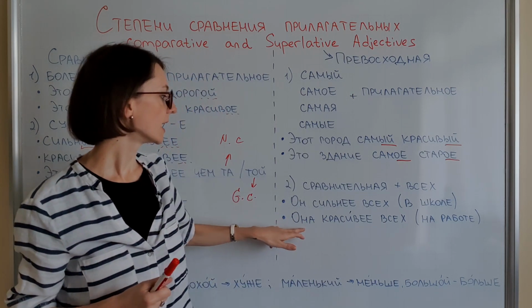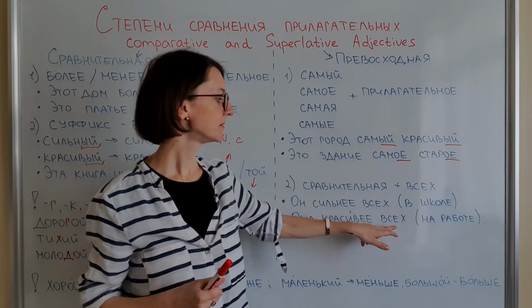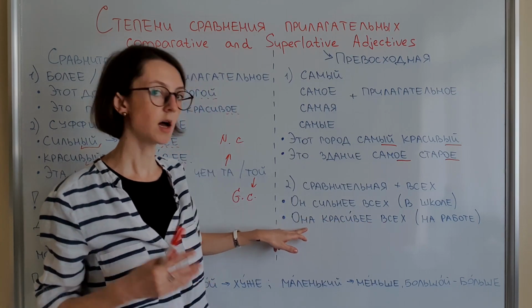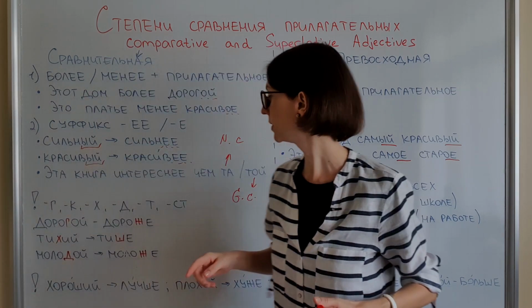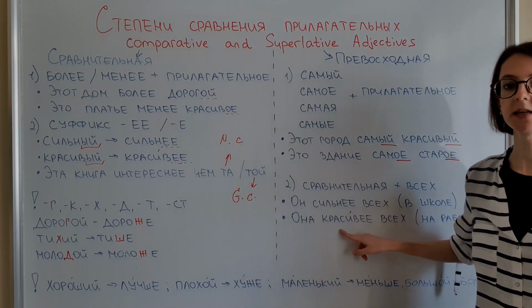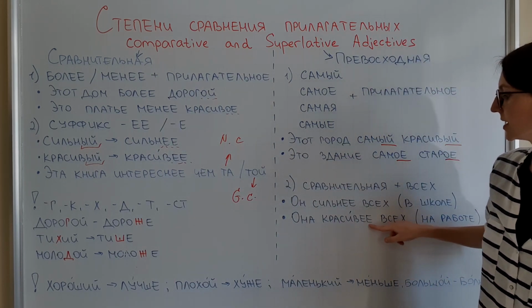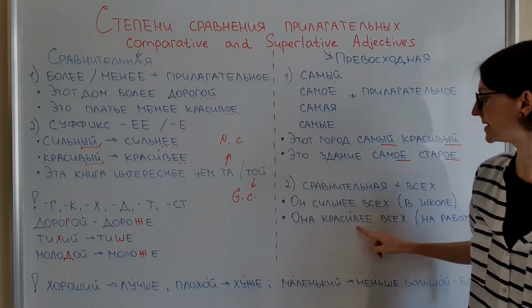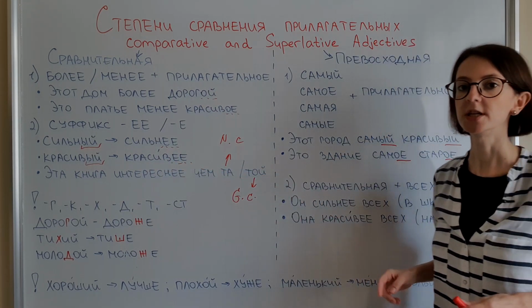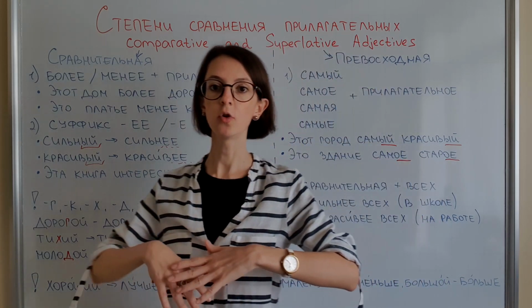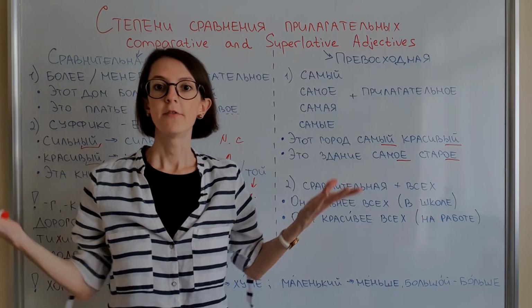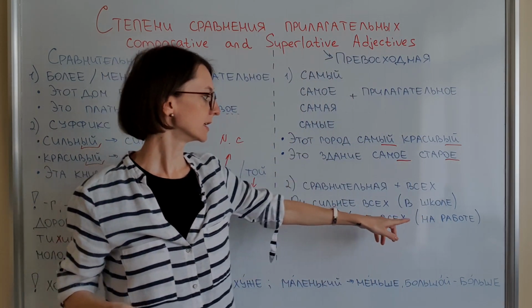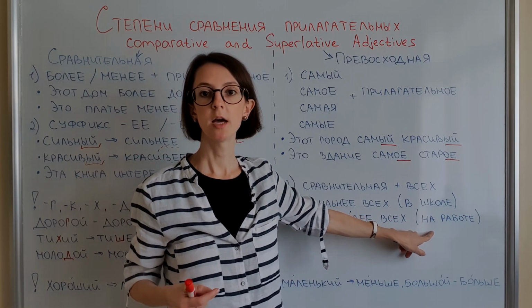Okay? Она красивее всех. Again, она, the subject. Then we use красивее. You can see the suffix -ее over here. Она красивее всех. She is the most beautiful of everyone, among everyone. And again, in brackets, I wrote down the location.